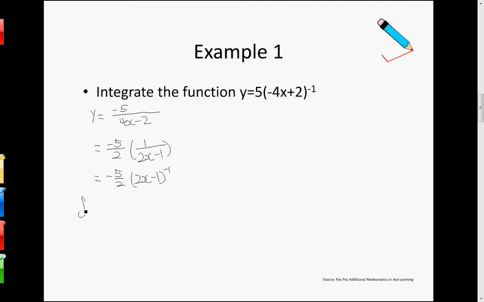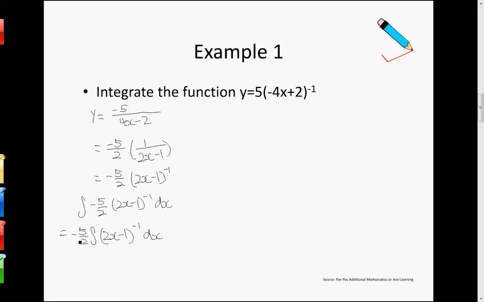Now I integrate 2x minus 1 to the power negative 1 with respect to x. I can bring out the negative 5 over 2 first, as we have learned in the second video of integration. You can go and review it.